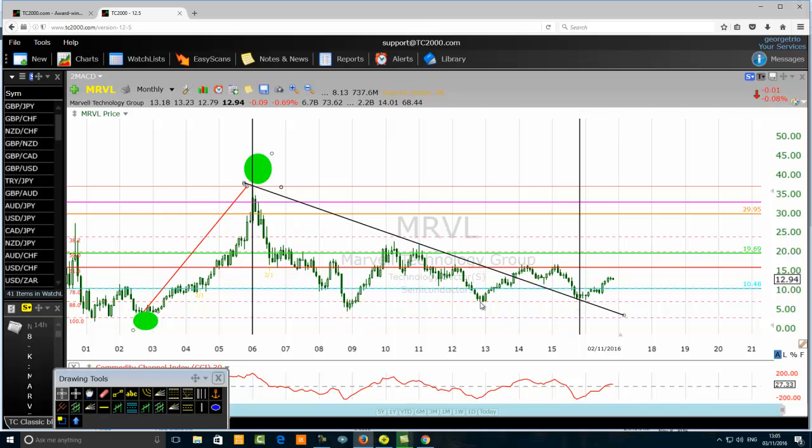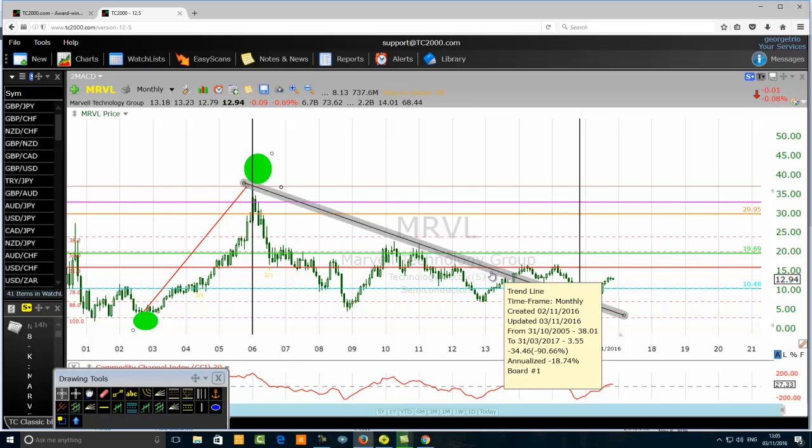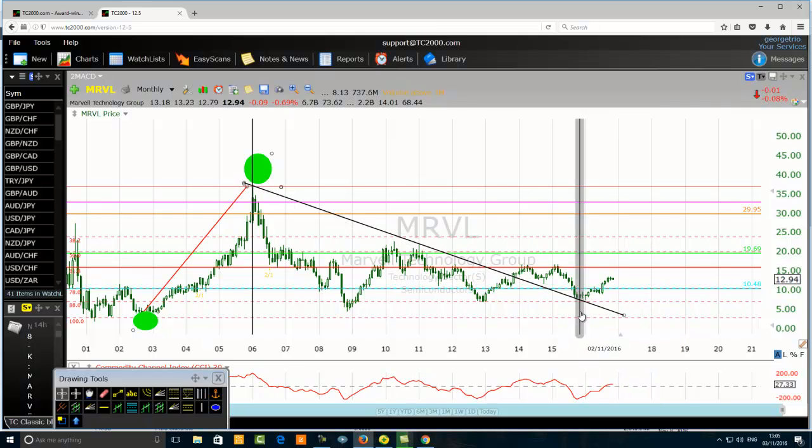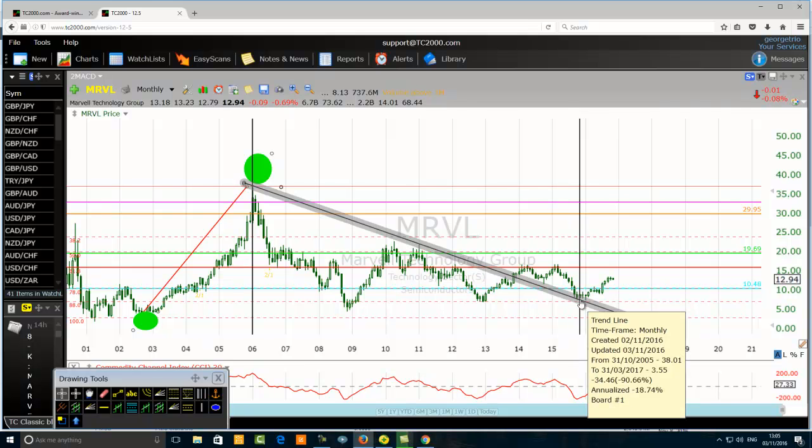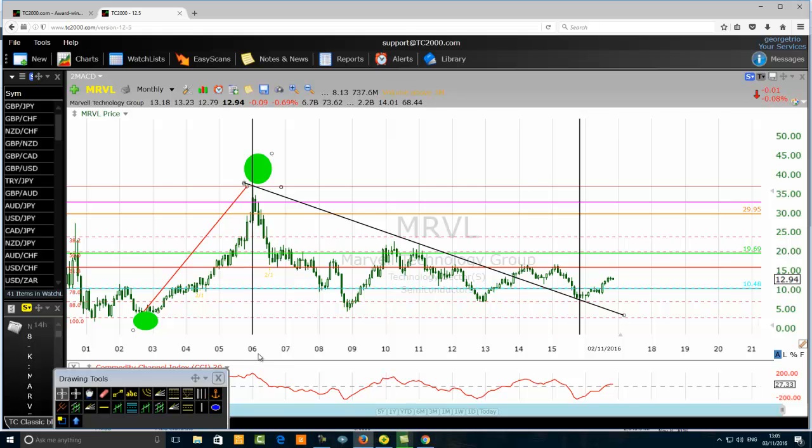Now you can see that the price finally came above that critical bearish trend line, and it finally found support only in November 2015. So looking at what is happening here, it looks to me that the market participants are quite aggressive towards Marvell stock. So whenever you are trading a stock, analyzing a chart, look at the past.